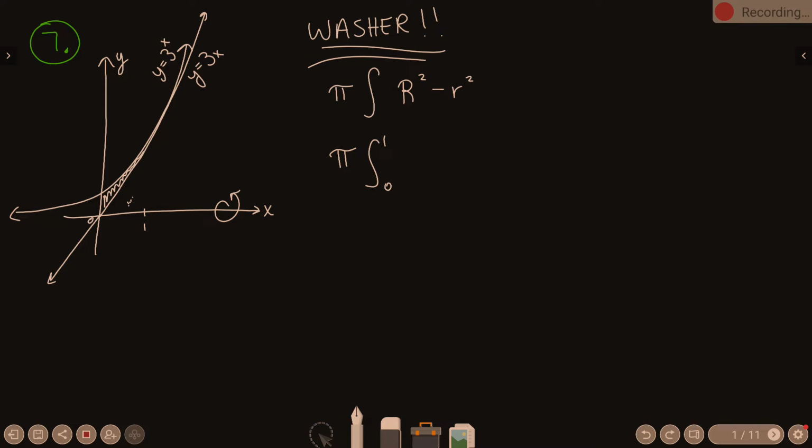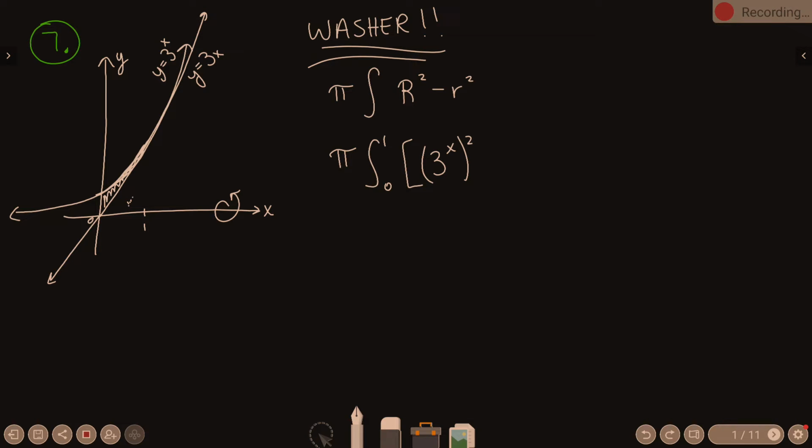So since we're rotating about the x-axis, the farther away equation is that top piece, which is 3 to the x. So we're going to say 3 to the x quantity squared.